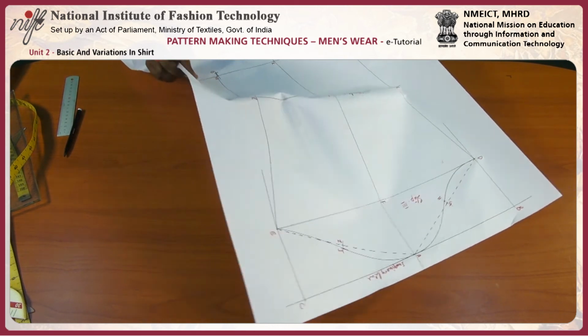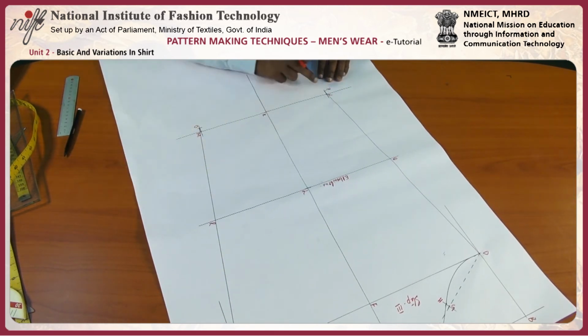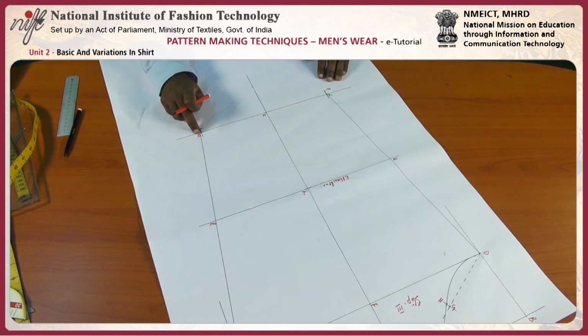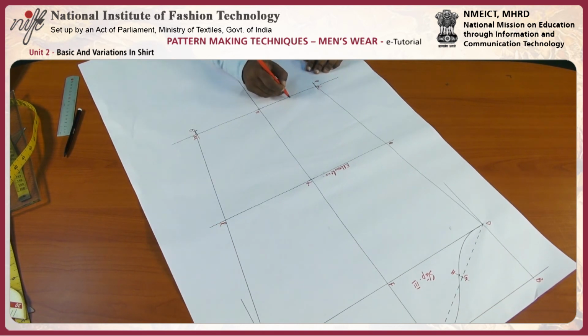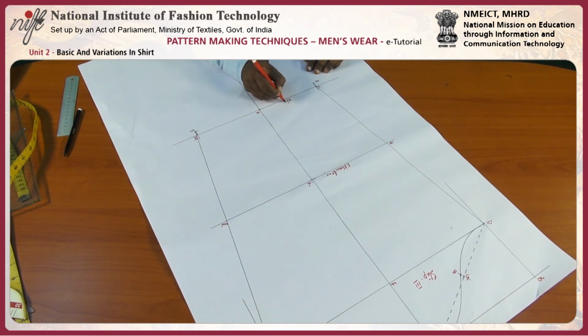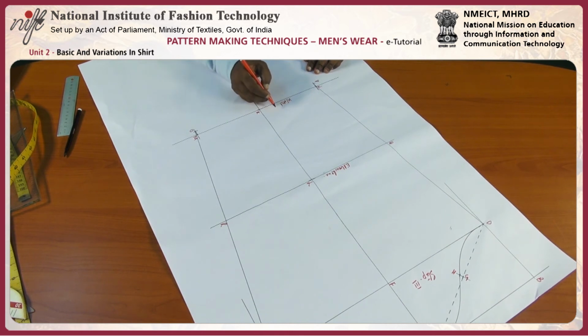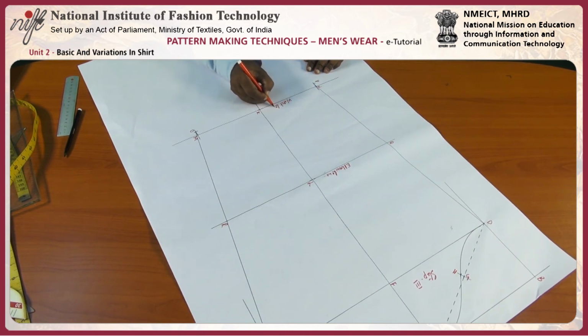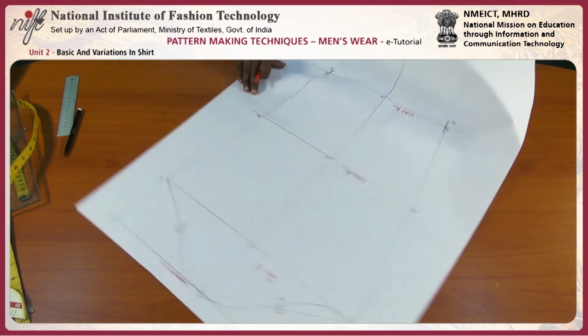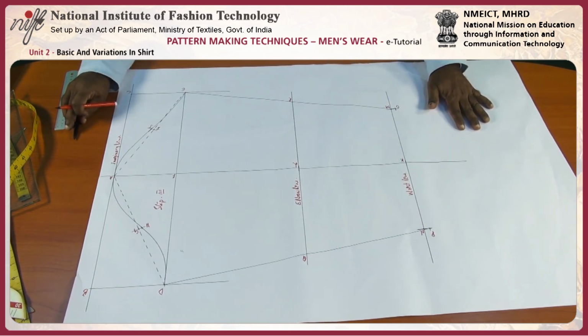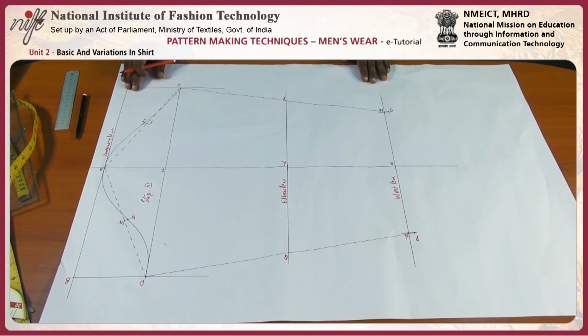Then points NKM will be the wrist line. With this we are concluding step 3.